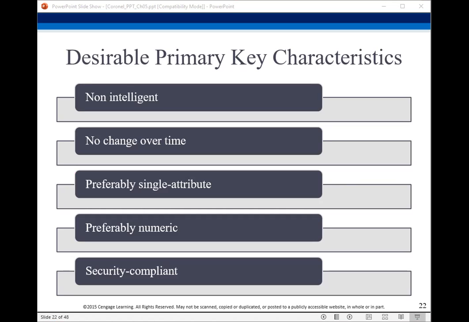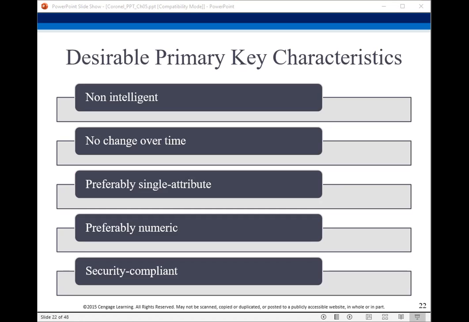And that means it should not have any embedded semantic meaning. An attribute with embedded semantic meaning is probably better used for a descriptive characteristic of an entity than as an identifier. So, for example, a student ID, let's say like 650937, would be preferred over Martha L. Smith as a primary key identifier.